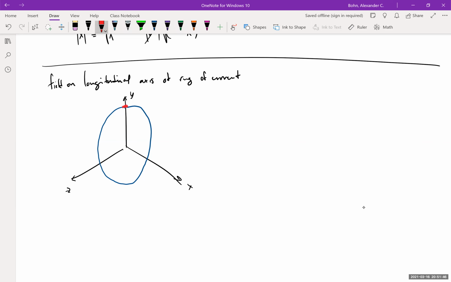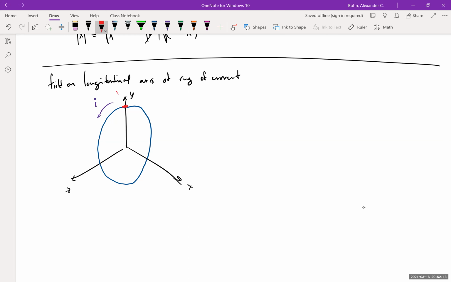Sorry, there's some dirt on the stylus here. We've got a current direction this way, and let me label that.